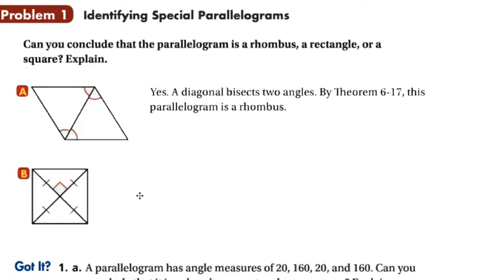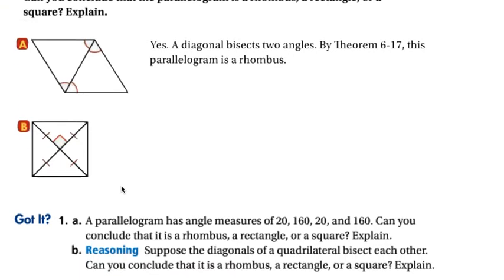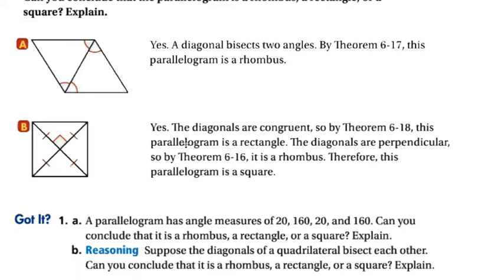In letter B we have our diagonals bisecting each other, but they are also perpendicular to each other. Since they are perpendicular, that indicates that it's not only a parallelogram, but it is also a rhombus. And because they are congruent, it creates a square.